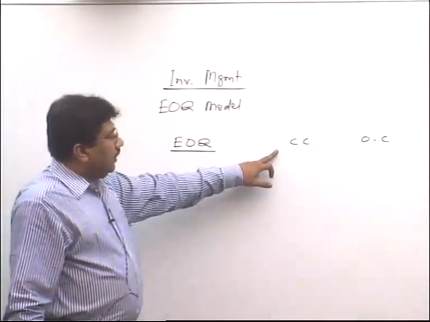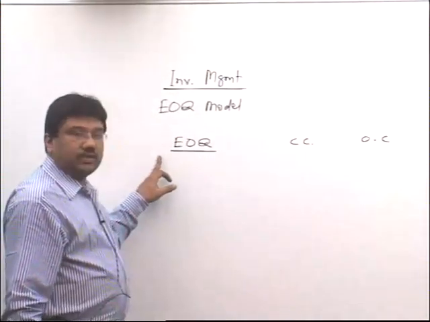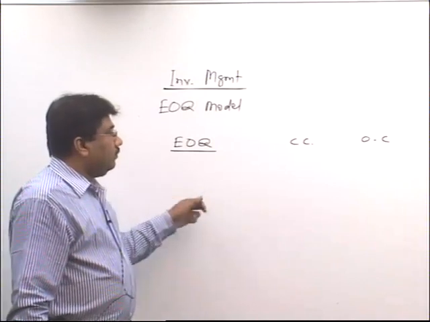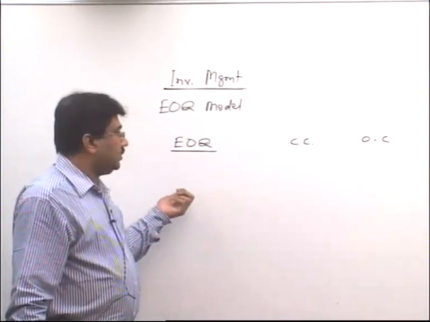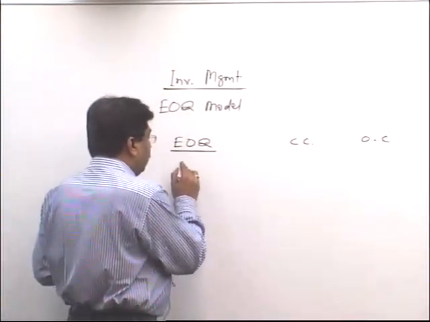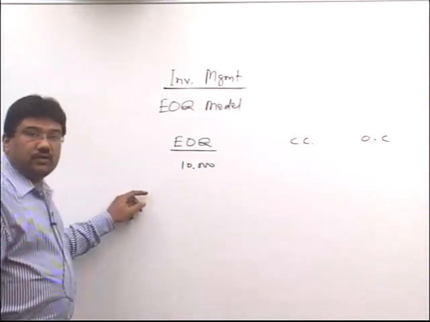This inventory carrying cost and ordering cost both have a relation with economic order quantity, but one has a direct relationship and one has an inverse relationship with economic order quantity. Suppose right now the order quantity is say 10,000 units.